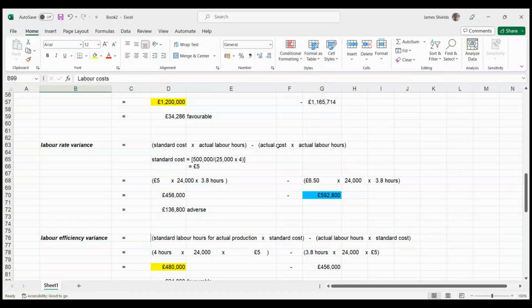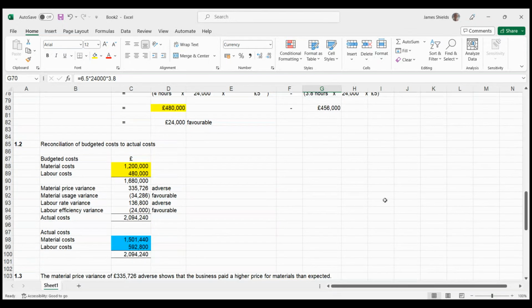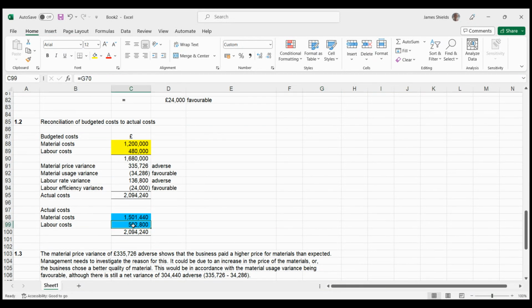The labour rate variance was the actual cost times the actual labour hours, and that worked out to be £592,800. So that's my actual labour costs. If we combine the material costs with the actual labour costs, it comes to £2,094,240. Now that is the same as our actual cost there. So now we've completed the reconciliation of the budgeted costs to the actual costs.